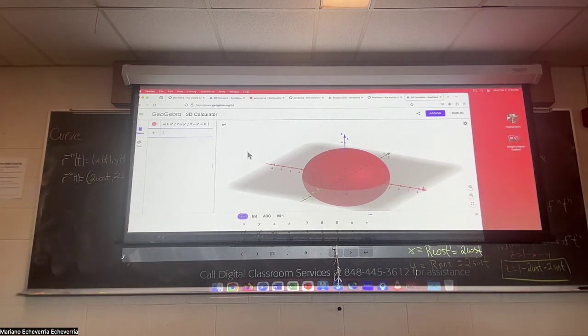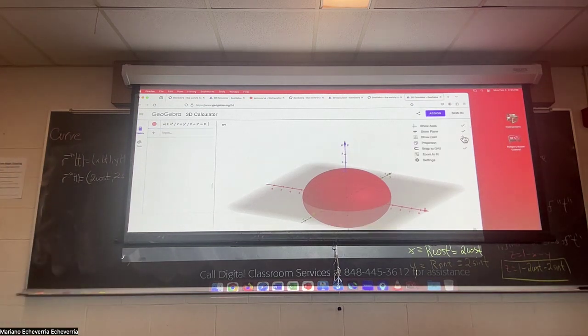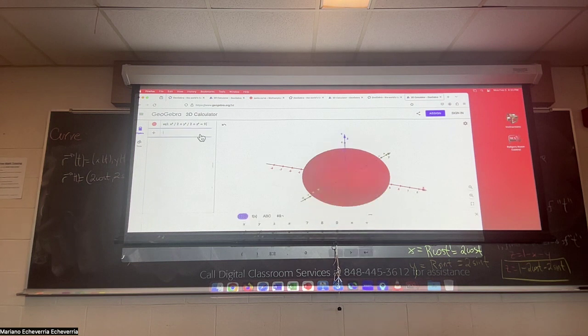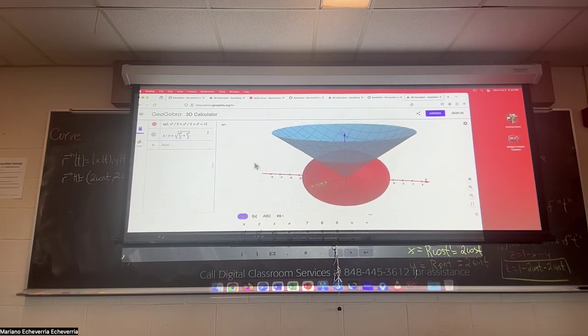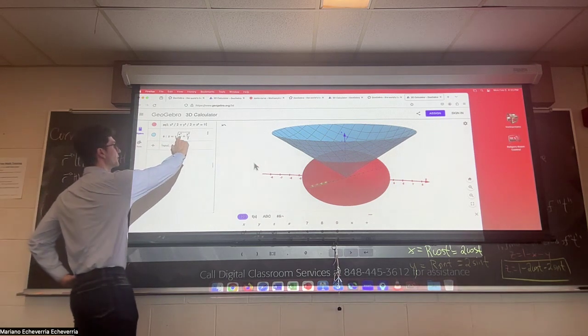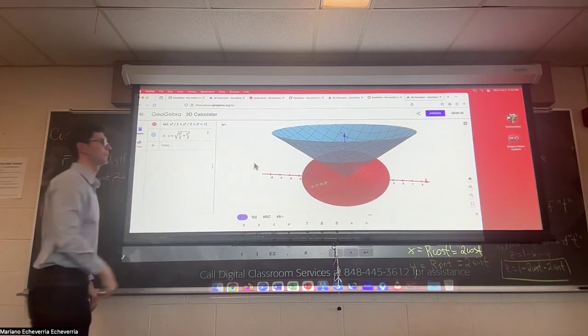So you have that sphere. Let me hide the plane. So you have that, or sorry, you have that ellipsoid, and then you have something like. Okay, so now you have z, which is the square root of x squared over 2 plus y squared over 2.